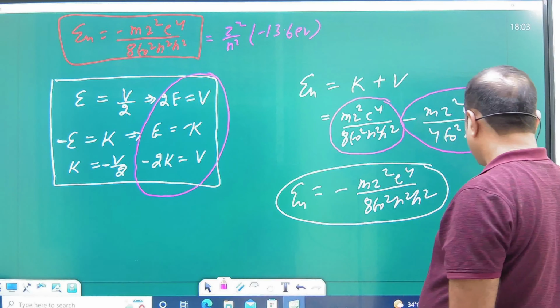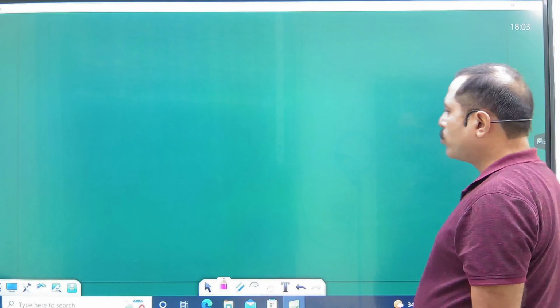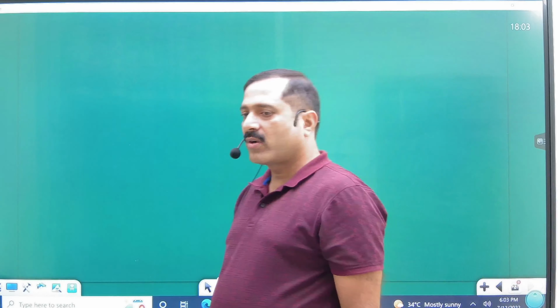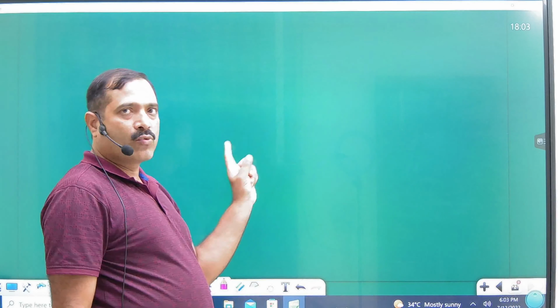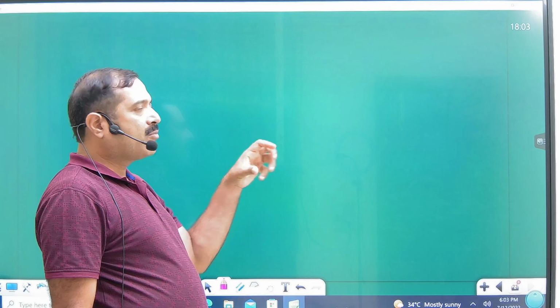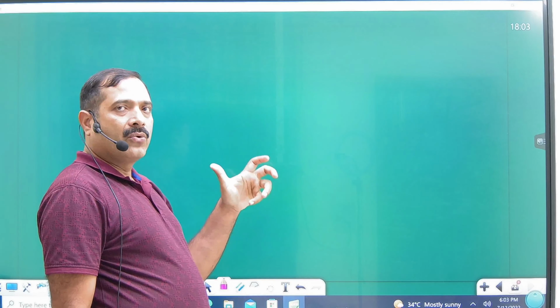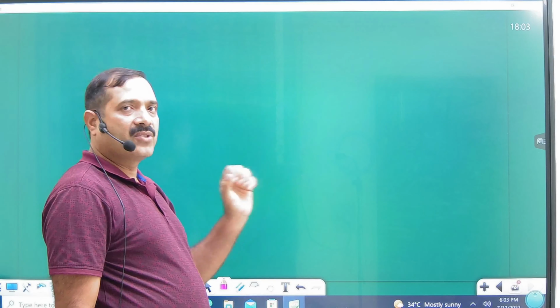After these two derivations, Bohr's atomic model was accepted because the wavelength calculated from Bohr's atomic model has almost the exact value which was experimentally observed, and hence Bohr's atomic model was accepted. But just after acceptance of Bohr's atomic model, two observations went against Bohr.